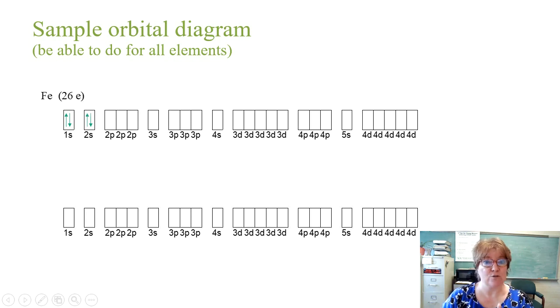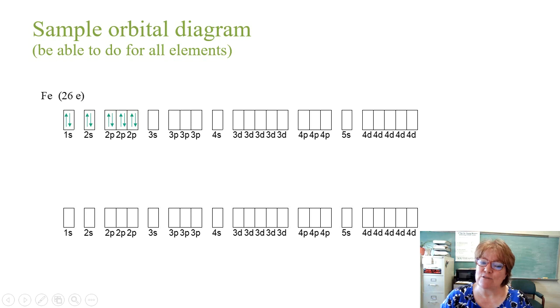When I go to the 2p orbital, I put 1 up in the first one, then 1 up in the second one, then 1 up in the third one. Now that each one has 1 arrow of the same spin, they're all going in the same direction, now I can put a second arrow in the first one, a second arrow in the second one, and a second arrow in the third one. That concept of how we fill a P or a D or an F level is called Hund's rule. That's what it's referring to.